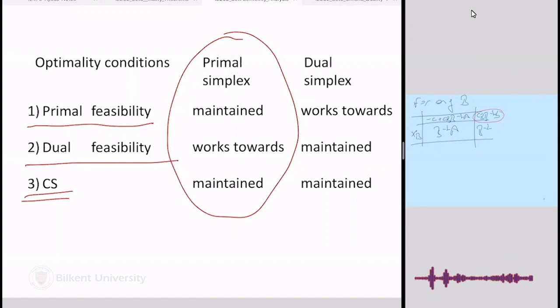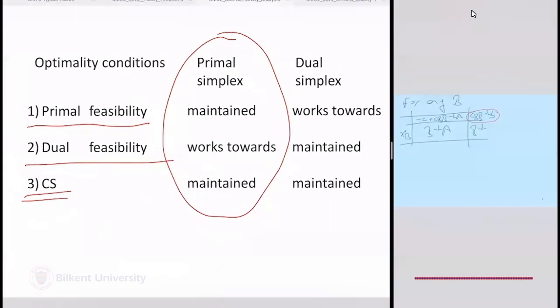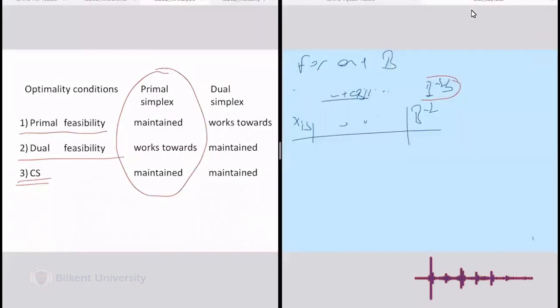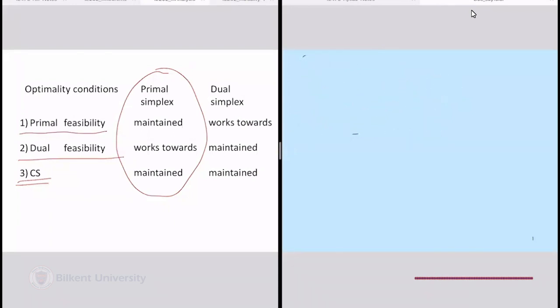Well, when my row 0 becomes non-negative, because WA greater than or equal to C was what I asked. Let me clean it and write it again.